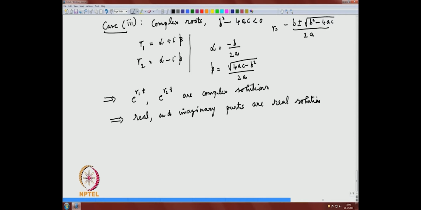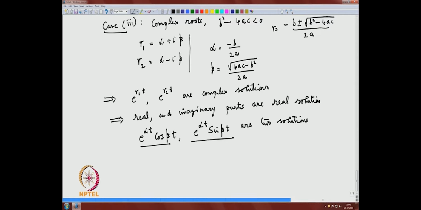And that will immediately give you e^(alpha t) cos(beta t) and e^(alpha t) sin(beta t) as two solutions. Just write down e^(r1 t) and you get these two things.